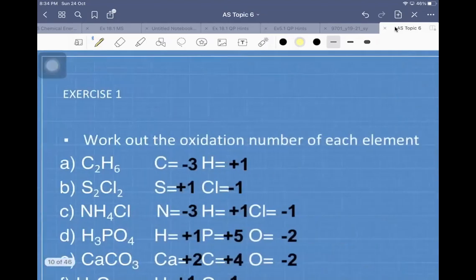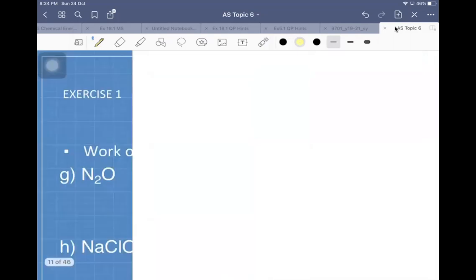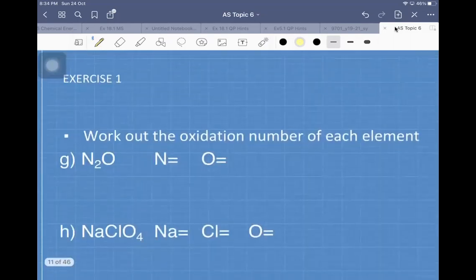Next, for G, N2O, nitrogen and oxygen both would usually have a negative charge, where nitrogen is -3, oxygen is -2.